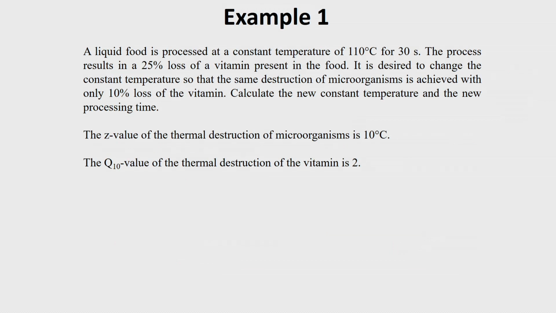This example talks about a liquid food processed at a constant temperature of 110 degrees for 30 seconds, right. The process results in 25% destruction of the vitamin present in the food. It is desired to change the constant temperature so that the same destruction of microorganisms is achieved. So, in both processes, one is T1 equal to 110 degrees and small t1 equal to 30 seconds, which results in 25% vitamin destruction.